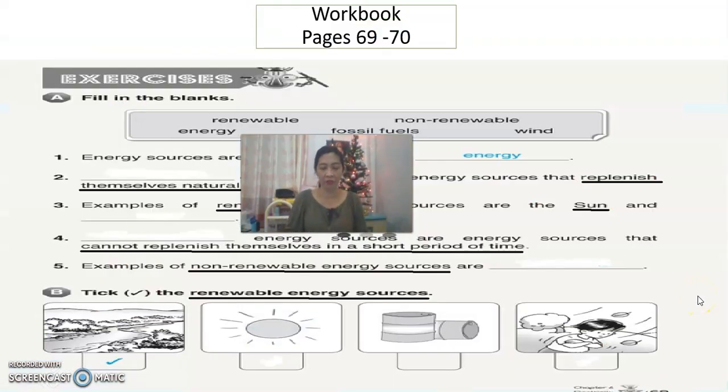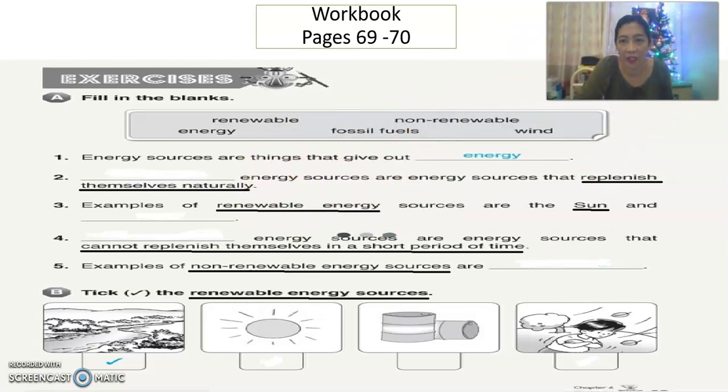Please open your book to page 69 and 70. For page 69, these are the choices: renewable, non-renewable, energy, fossil fuels, and wind. Write the correct answer.